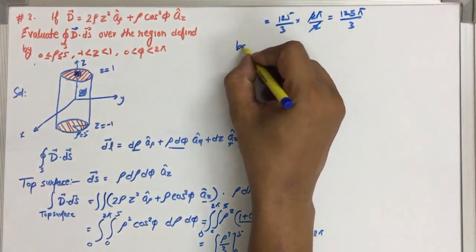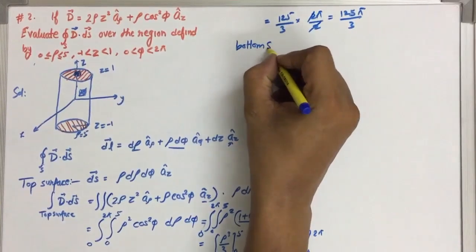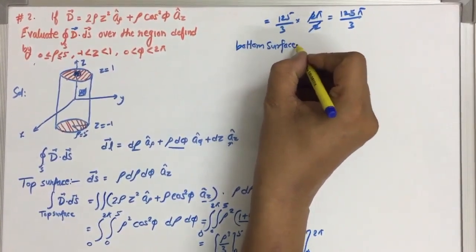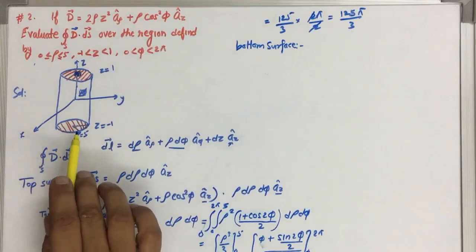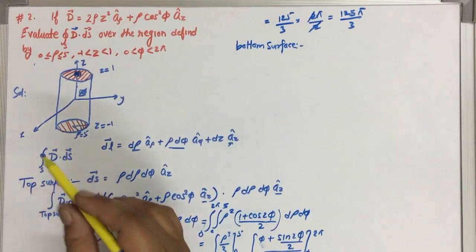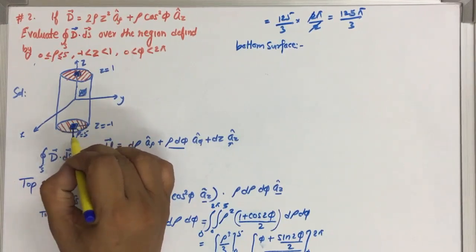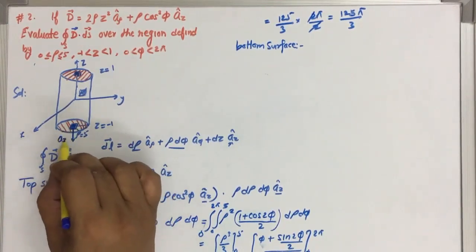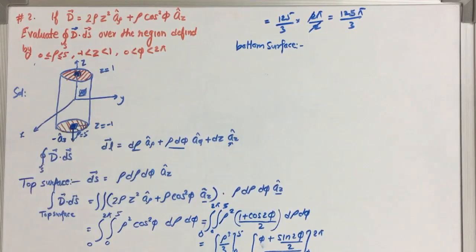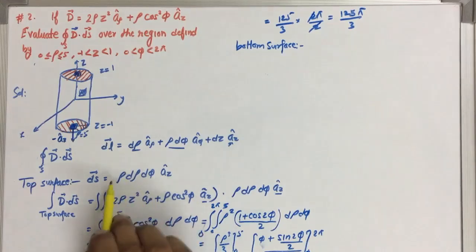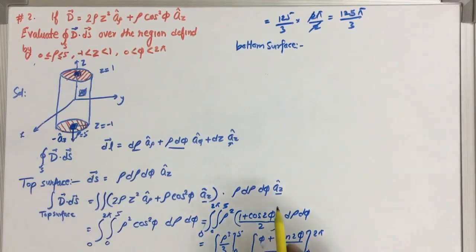Now for the bottom surface, all the quantities are the same except the area vector will be downwards. So it will be in the direction of minus az, and the remaining things will remain the same.